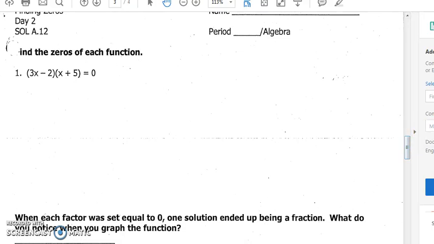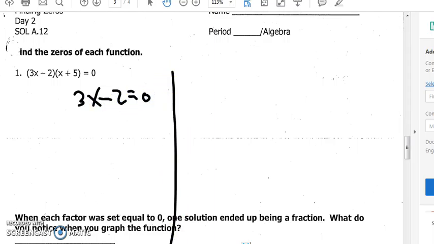So why don't we go ahead and try this one. Find the zeros of each function. So let's find the zeros of this and this. So first thing you're going to do, 3x minus 2 equals 0. And then you're going to take the second one, x plus 5 equals 0. So what you're going to do is do inverse to find x.